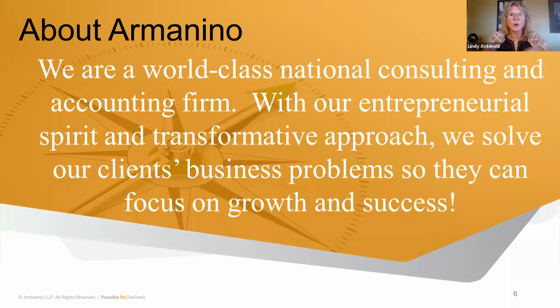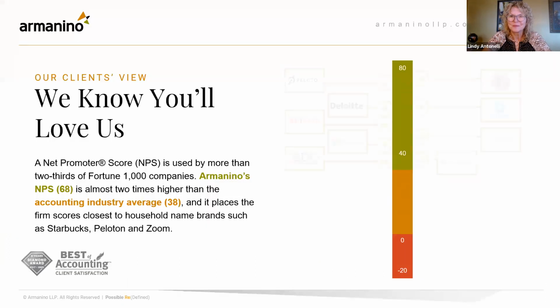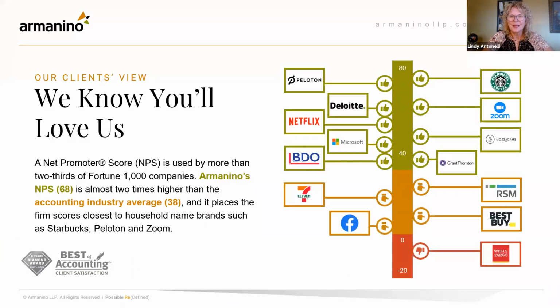So who is Armanino? We're a world-class national consulting and accounting firm. With our entrepreneurial spirit and transformative approach, we solve our clients' business problems so they can focus on growth and success. And we know you'll love us. Our clients do. We have one of the highest net promoter scores out there.